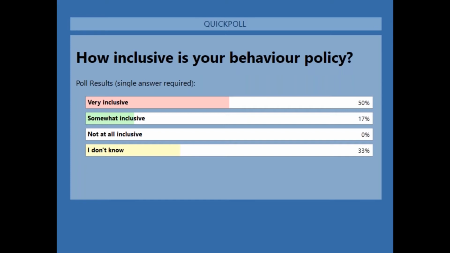But there's quite a lot, a third, who are not sure, which is absolutely fine, and maybe that's something you could go back to your governing board and think about with your behaviour policy, and actually be asking that question. You could take that question to be on the agenda for the next governor meeting, and be thinking, is your behaviour policy inclusive?